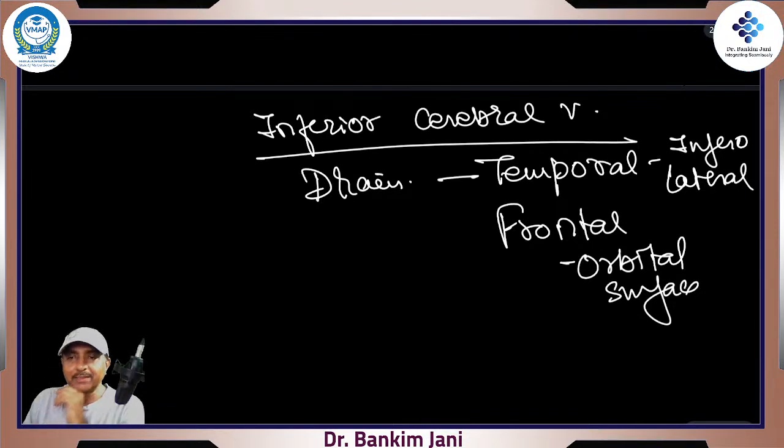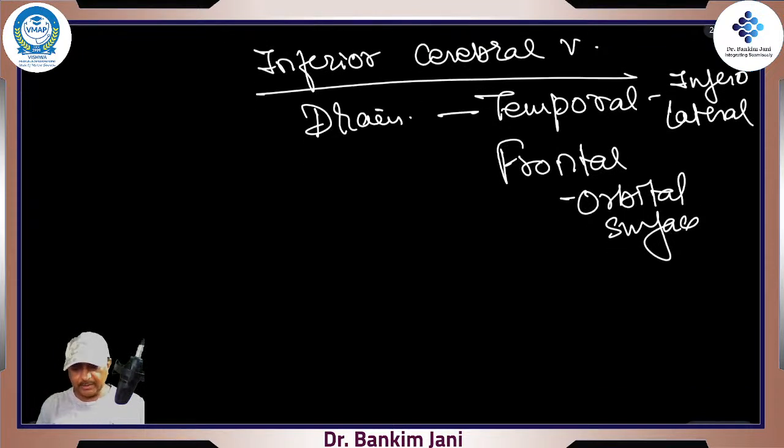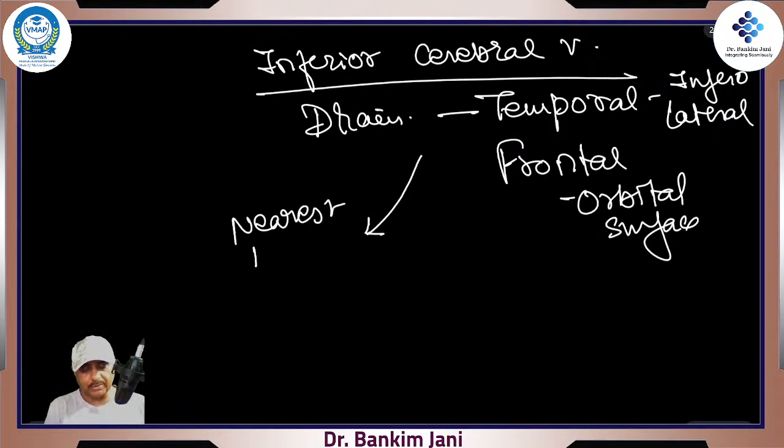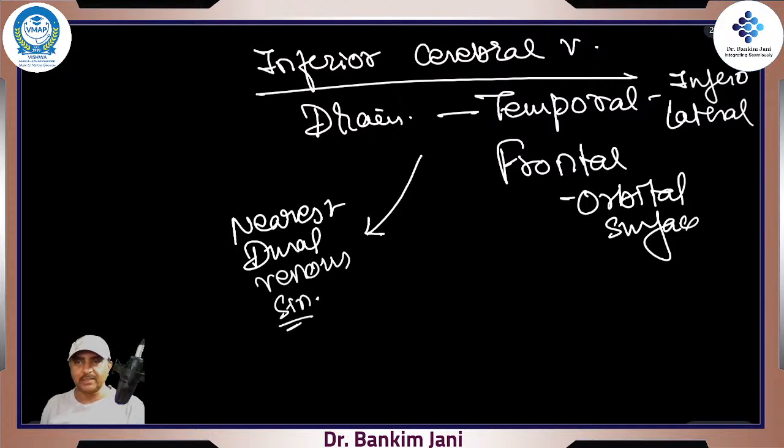So all these veins, right? They have got the option. They will drain into the nearest dural venous sinuses. Who is near to them? Well, there is transverse sinus, so they can end up in transverse sinus. Then they can end up in superior petrosal.